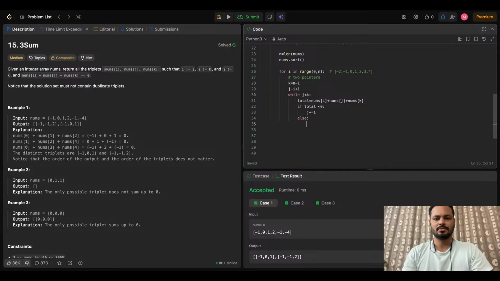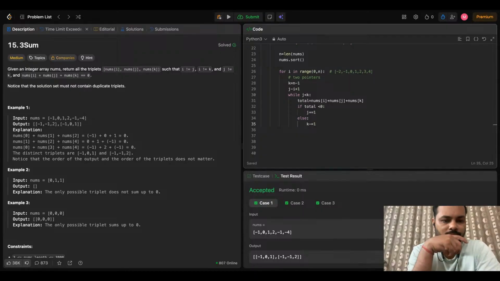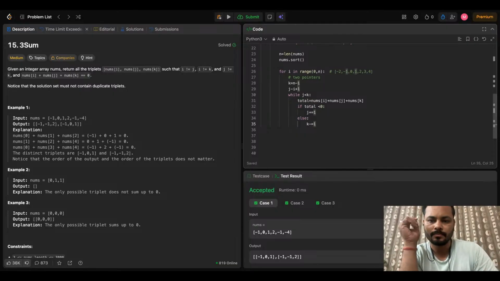Else k minus equals 1. So this I have done. If this is less than 0, then I'll do this. If this is more than 0, then I'll do this.